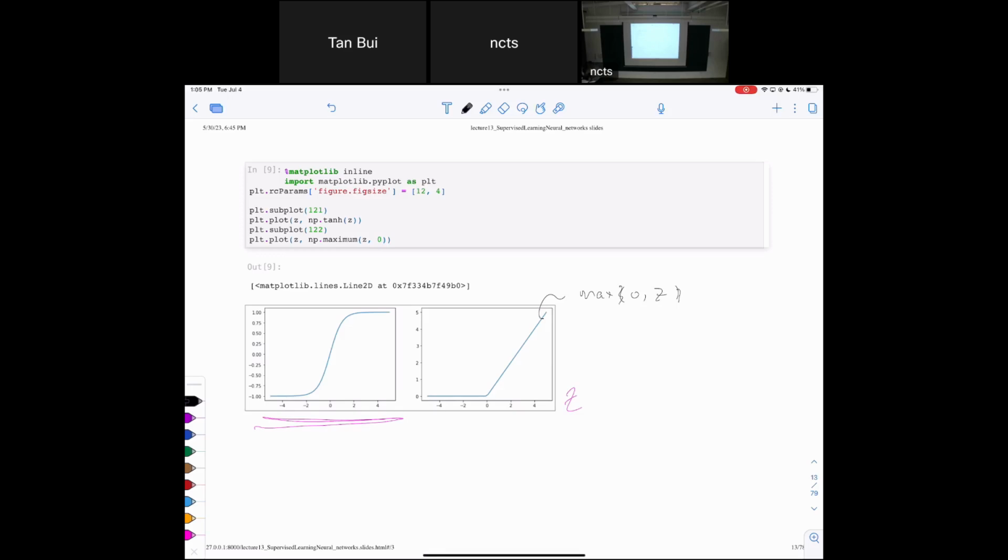If the input is positive, it keeps the input as is, but if it's negative, it's set to zero. That's a very simple cutoff function.